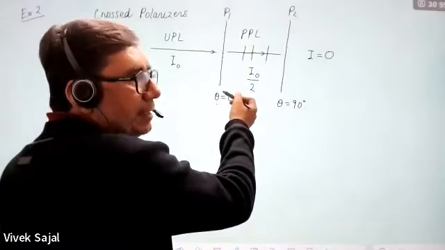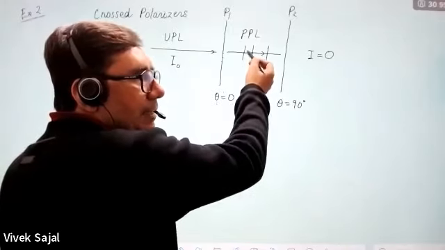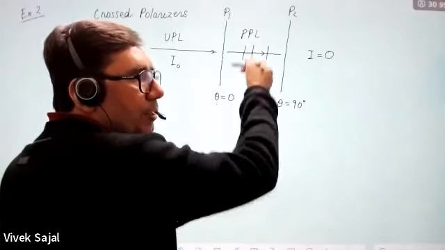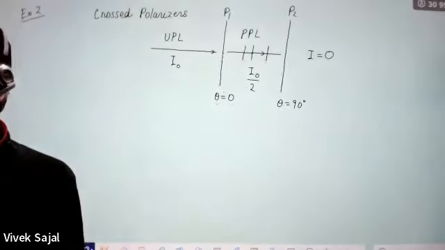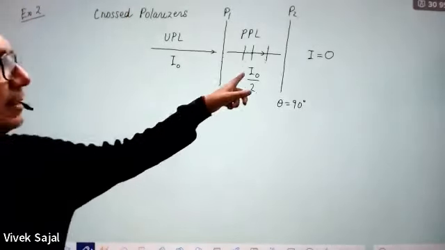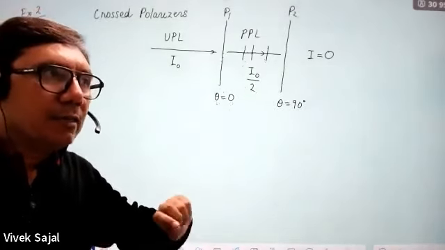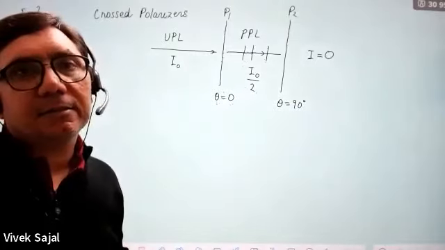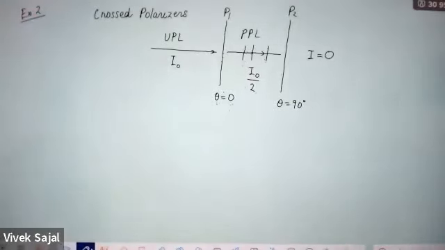If you make it 30 degrees, then you will have intensity I naught by 2, but the electric vector direction will correspond to theta equal to 30 degrees. So if you change the angle, intensity will remain the same, I naught by 2. Only the direction of the electric vector will change for plane polarized light. So this is the meaning of crossed polarizers.